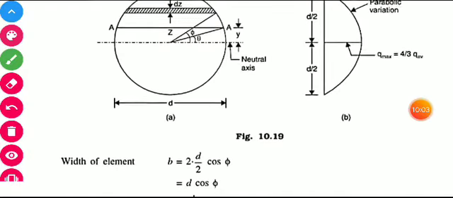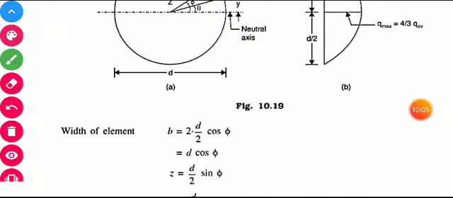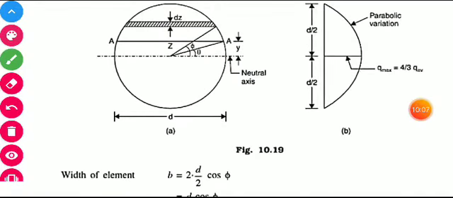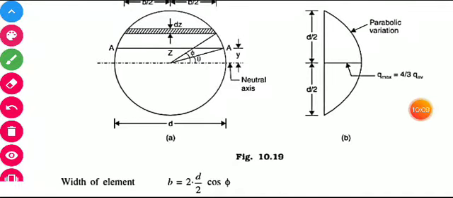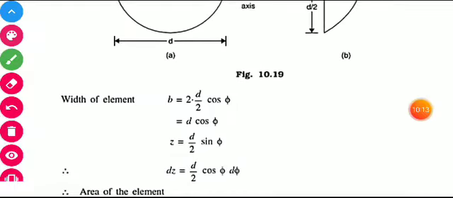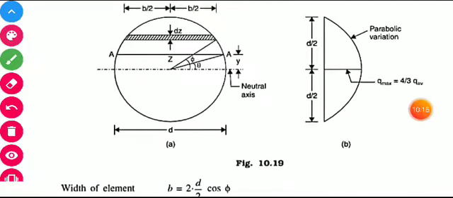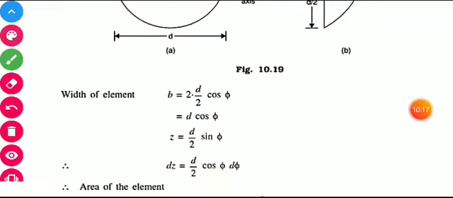You calculate the width, then z from the circle properties. This is very easy to calculate. Then dz, all these things are calculated easily.